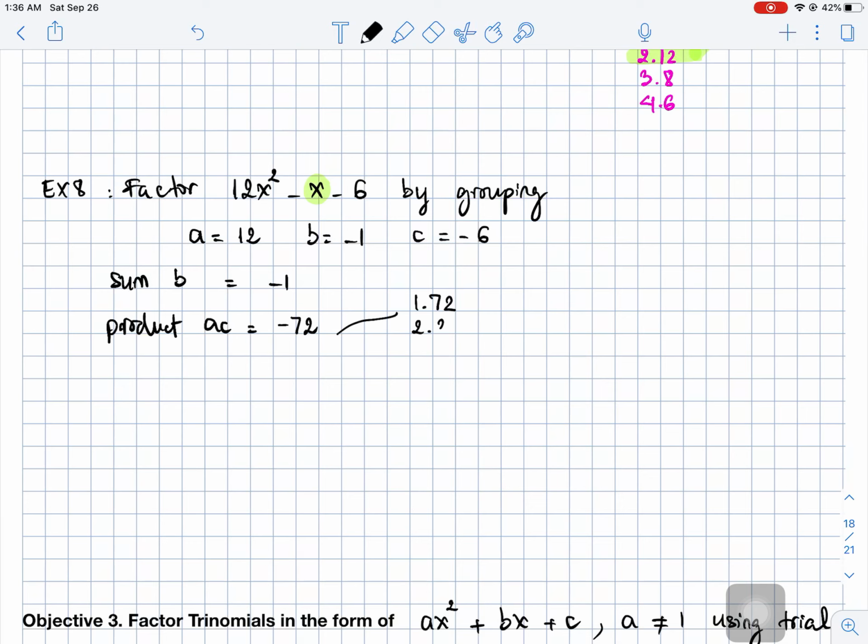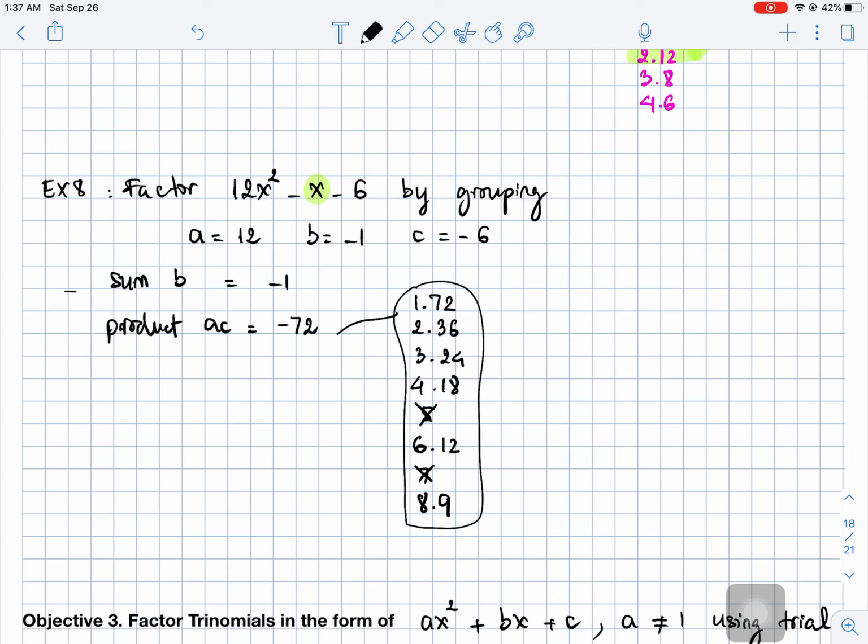Now, we will begin from the product. 1 times 72, 2 times 36, 3 goes into 72 is 24 times, 4 goes into 72 is 18 times, 5 does not work, 6 goes into 72 is 12 times, and 7 does not work, 8 times 9.